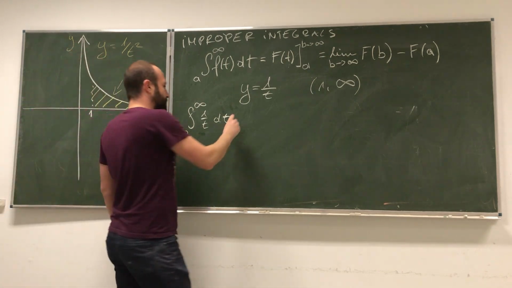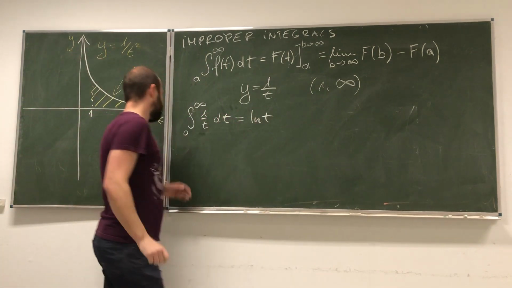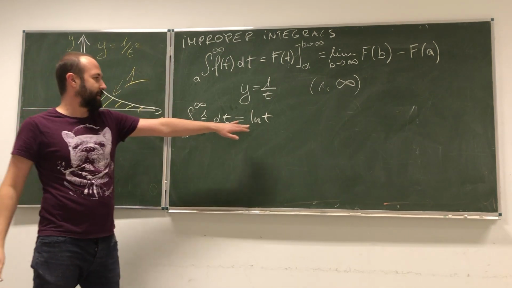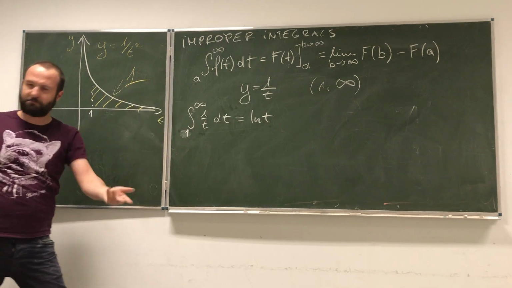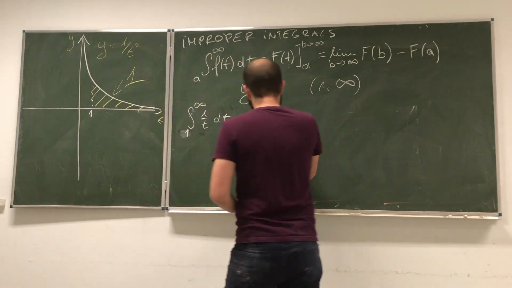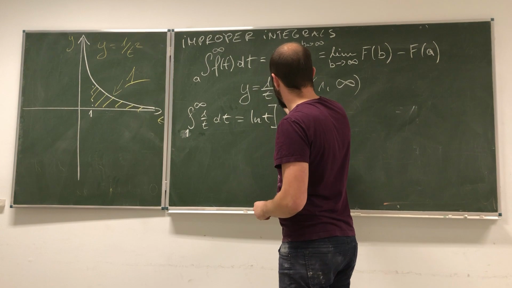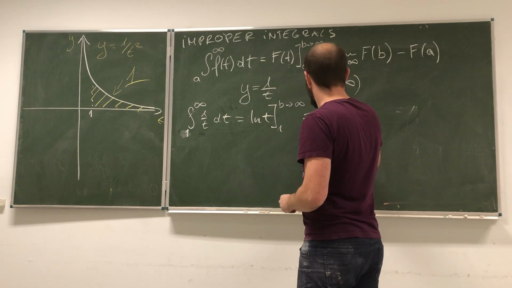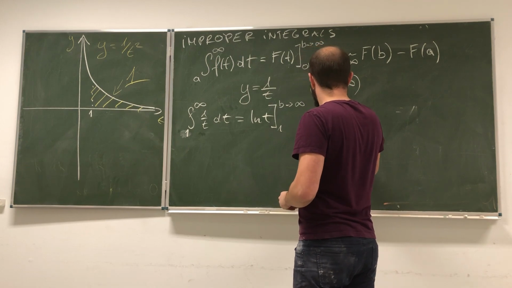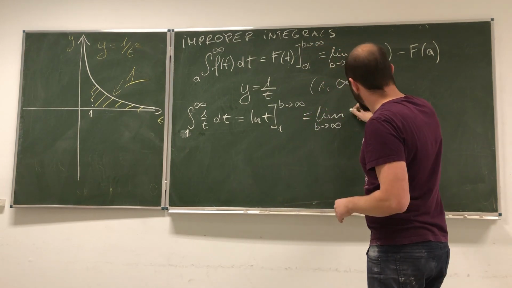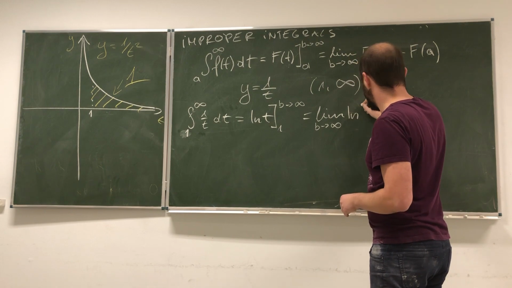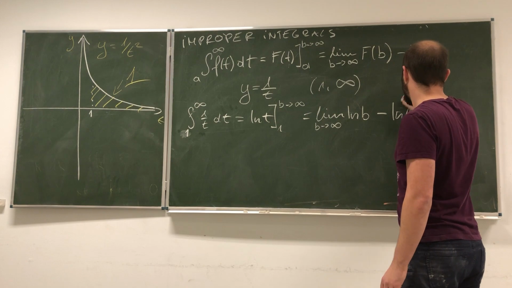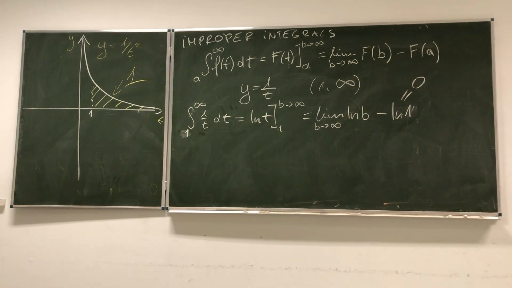Here, of course, we use the logarithmic rule. And because we don't get any negative values, we don't need absolute value. So over here we will have 1 and b going to infinity. So again, we calculate the limit with b approaching infinity of ln b minus ln 1, which is simply 0, right?